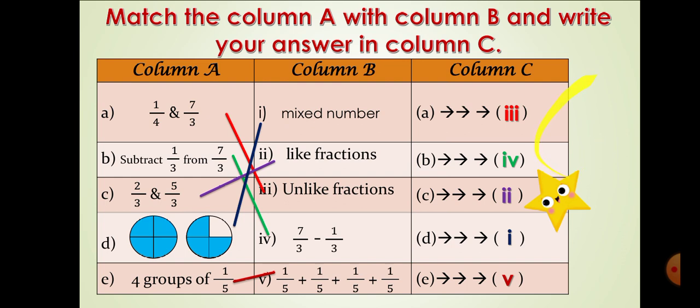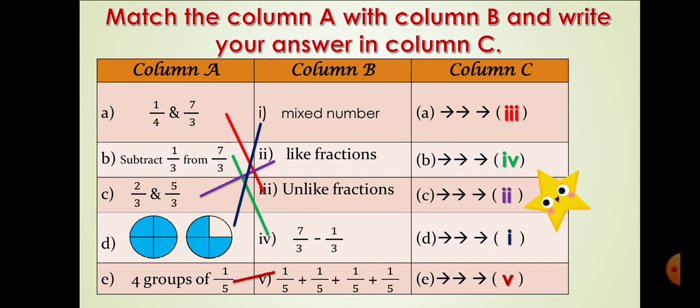So you have to match column A with column B and write your answer in column C. So I'm having 1 over 3 and 7 over 3. What are these? These are like fractions. You have to subtract 1 over 3 from 7 over 3. How are you going to do that? 7 over 3 is going to come first minus 1 over 3, because what did I say, the order matters a lot in subtraction.